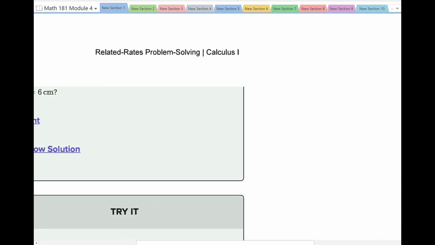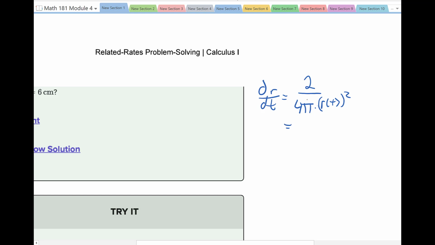We had our dr/dt was equal to, I can go back up to it, but it was really a 2 over 4 pi times the r at whatever this is at this point. And this time it's 6.